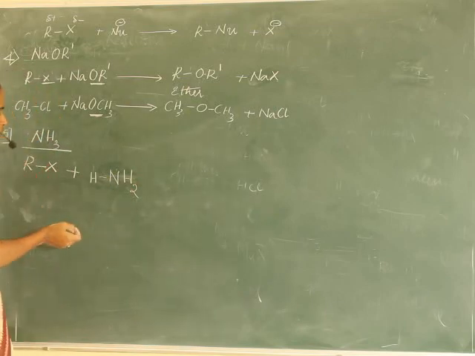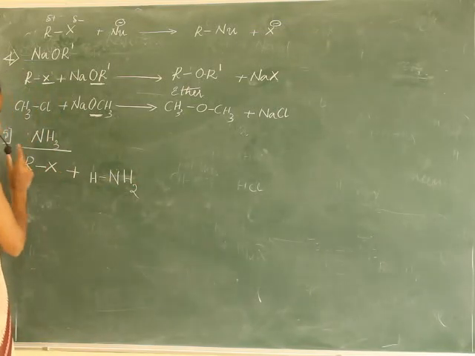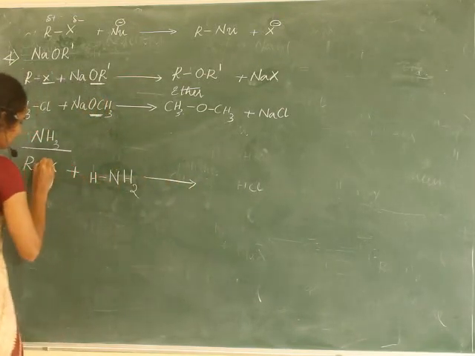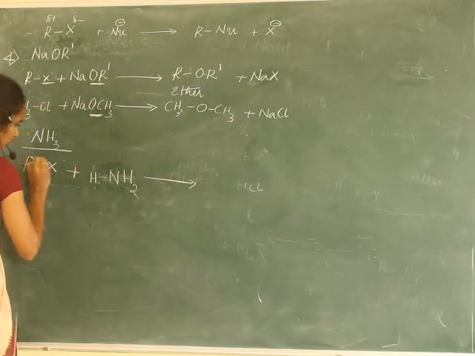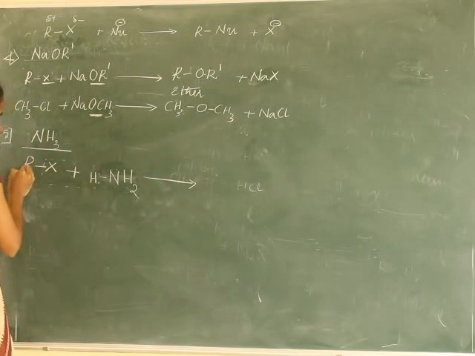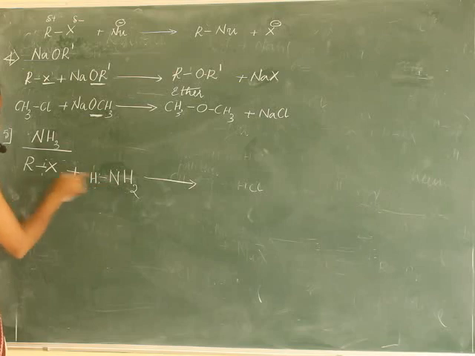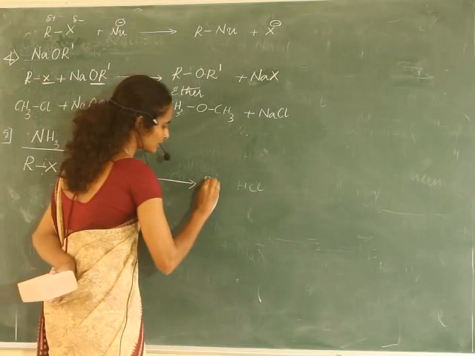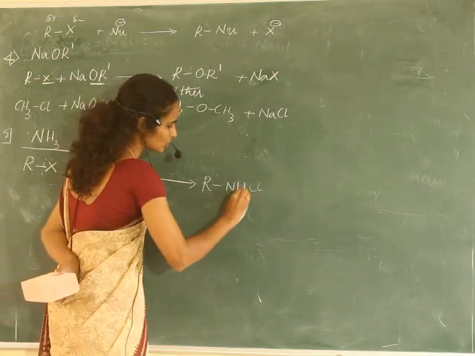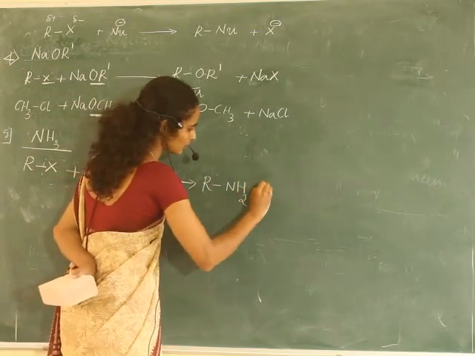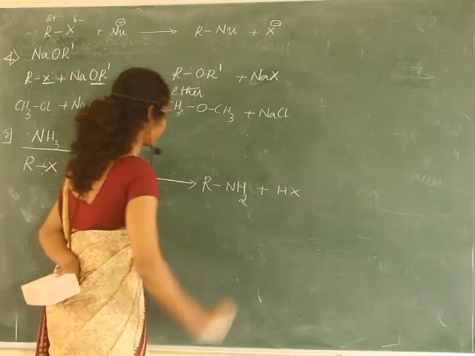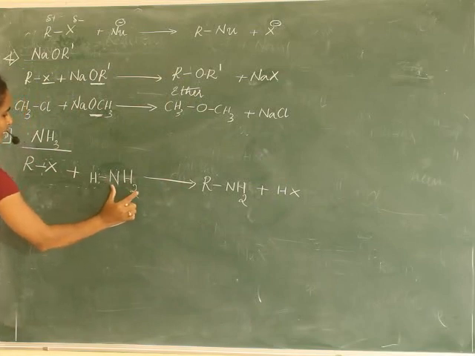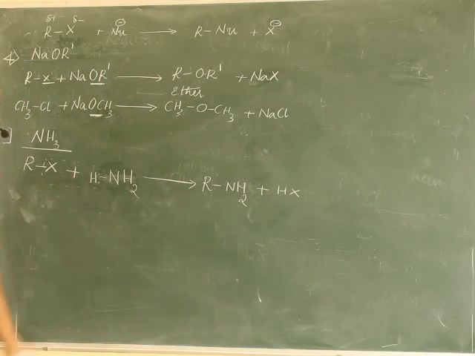Here the NH2 group replaces X, that is the halogen. Then what we will get is, the byproduct is HX, and the R group will combine with NH2. New bond formation between R and NH2 takes place. Then the product is RNH2 plus HX, right? The R group will bond with the NH2, and the byproduct is HX.